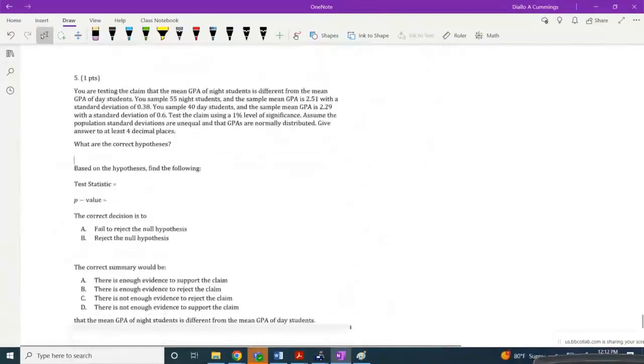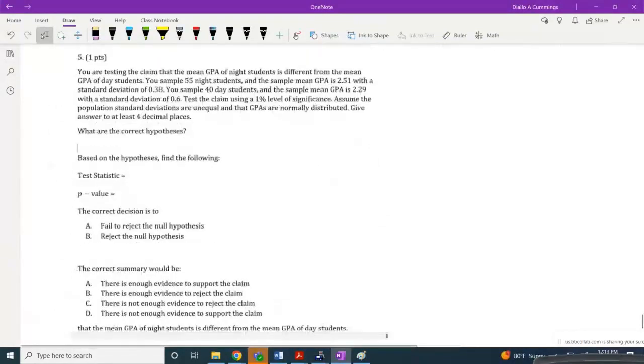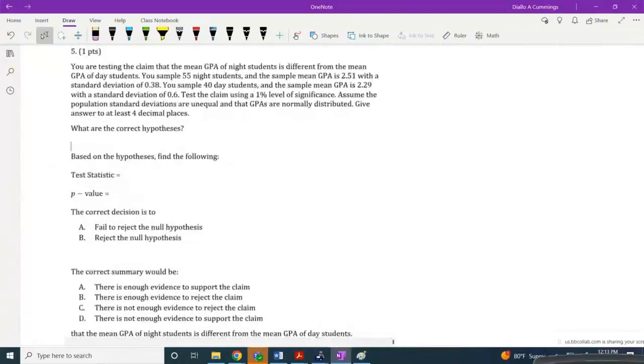All right, now the last one, number 5, deals with two means. So here's number 5. It says you're testing the claim that the mean GPA of night students is different from the mean GPA of day students. You sampled 55 night students, and their sample mean GPA was 2.51. The standard deviation was 0.38. You sampled 40 day students.